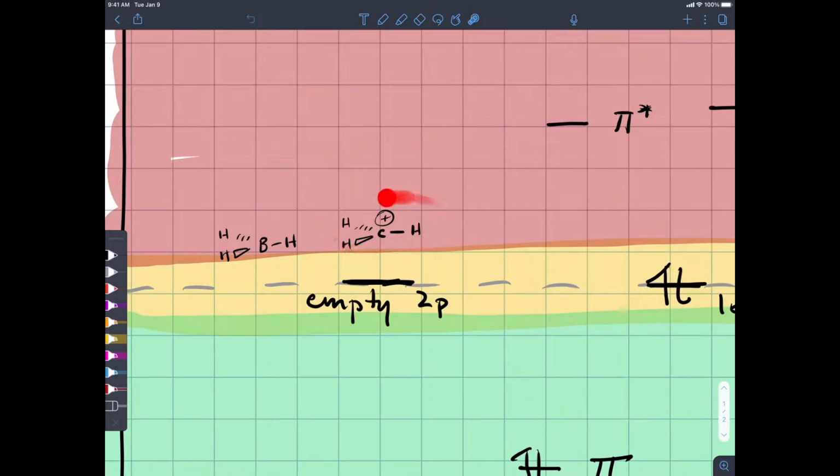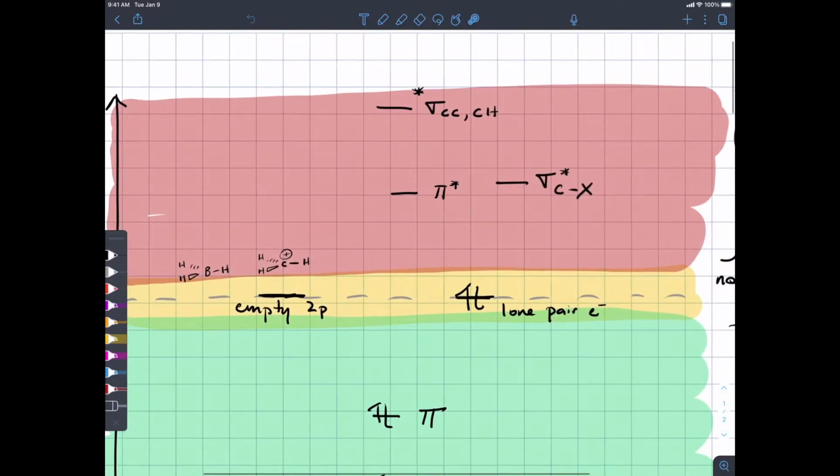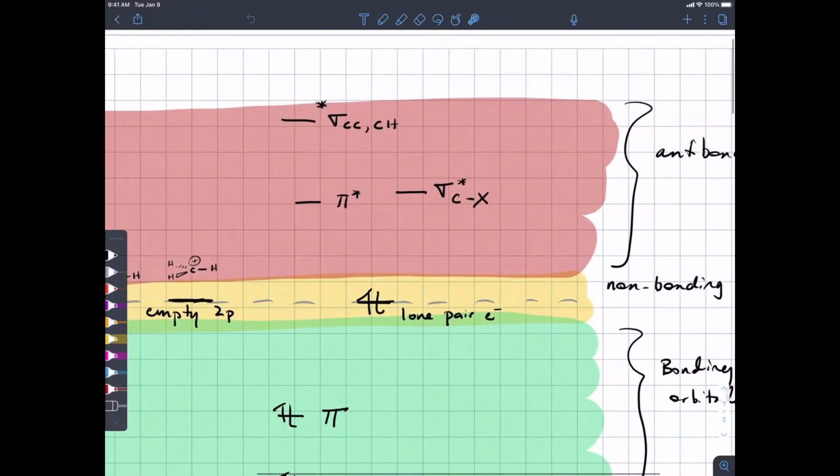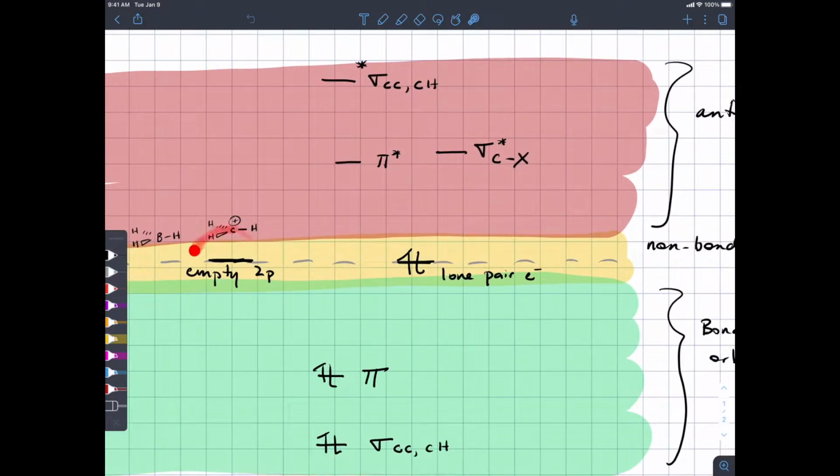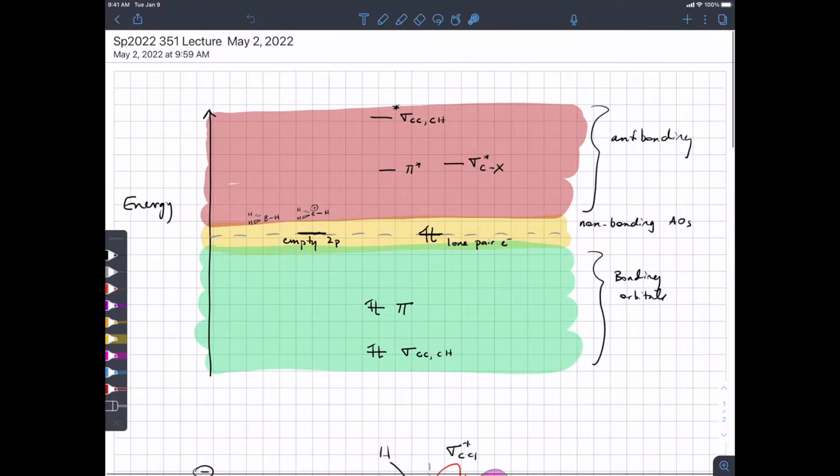We haven't seen carbocations yet, but we will. If there's no empty p orbital, we start looking for pi stars or for carbon-halogen sigma stars, which can be low in energy. And if it doesn't have an empty p orbital, a pi star, or a carbon-halogen sigma star, chances are it's not a particularly good electrophile.